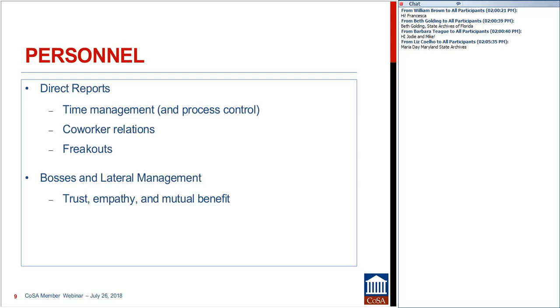Most of us don't have full control over the time of the people that we're working with. But whether you do or you don't, for personnel issues and project management in this kind of approach, good time management skills are absolutely essential, which is why I made a point of pointing out that time tracking piece of the software.